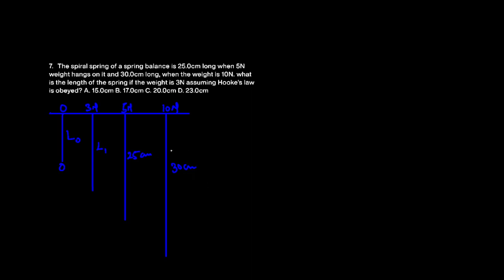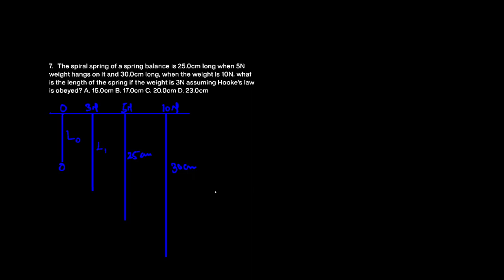Already we know that the extension between this and this is 5 units, right? So we know that 5 Newton force will cause an extension of 5 units. So 3 Newton force is going to cause an extension of what? Guys, you can easily think of this. If 5 Newton force can cause an extension of 5 units, that means 1 Newton force is going to cause an extension of 1 unit, right?